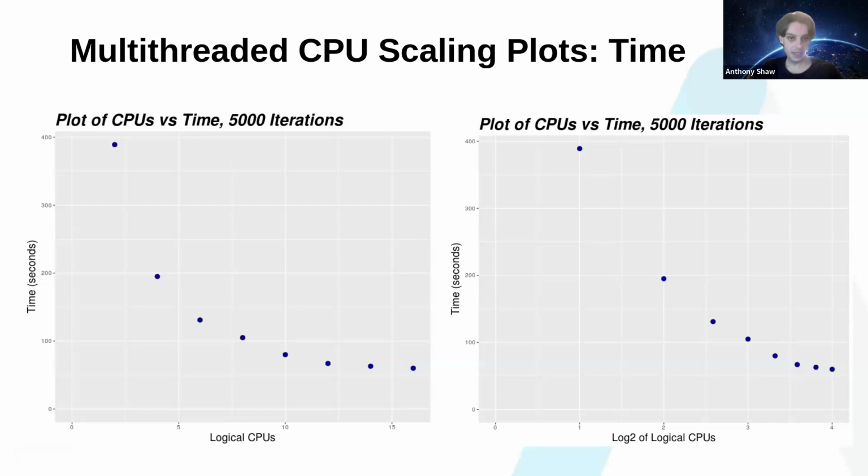So I'm showing two plots here of CPUs versus time, and then the log2 of the CPUs versus time. The reason that we have both is that it can be easier to see the inflection point when you look at the log2 versus time, because a theoretically perfectly scaling job, so doubling the CPUs halves the time, you'd see a straight line.